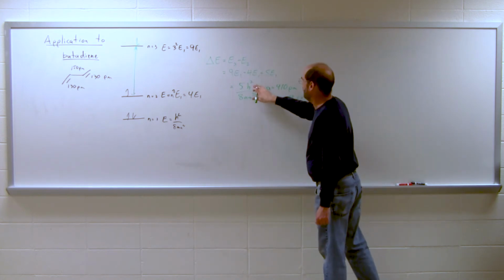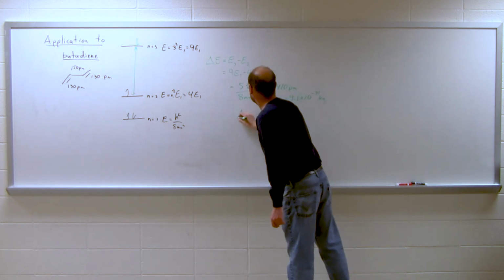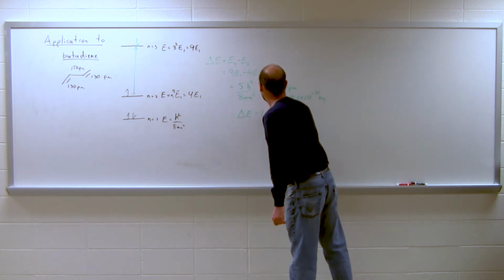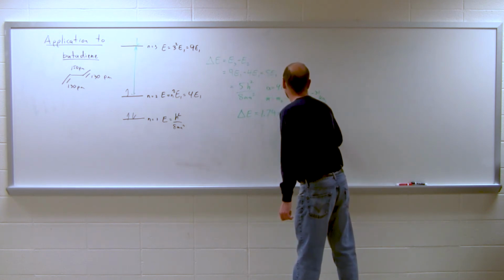I put in my value for h. What I'm going to obtain is that delta E is equal to 1.79 times 10 to the minus 19th joules.